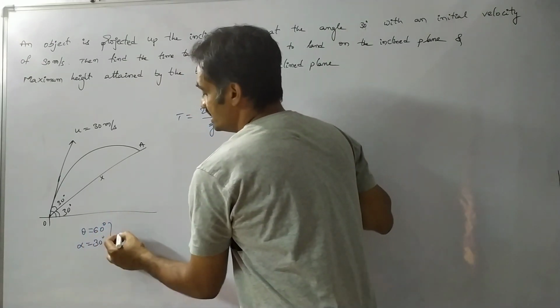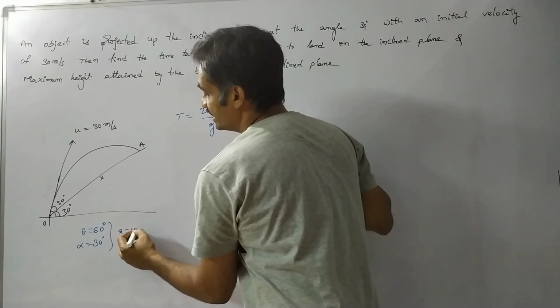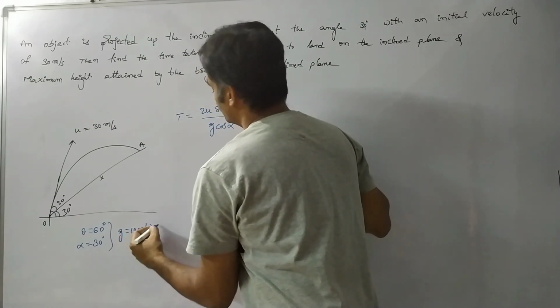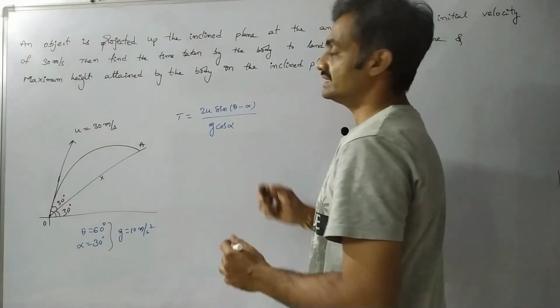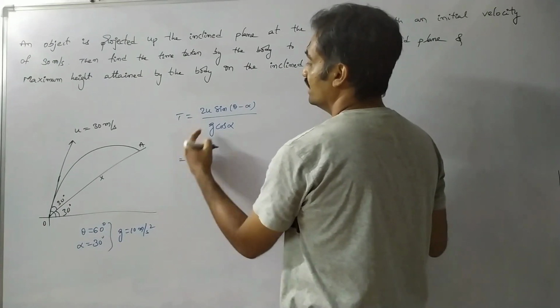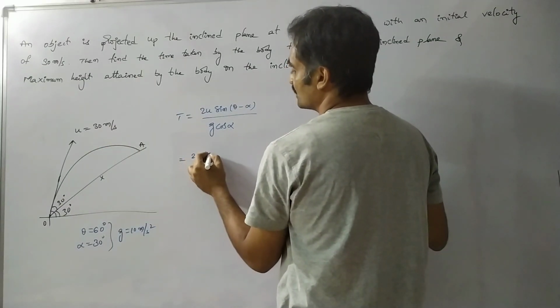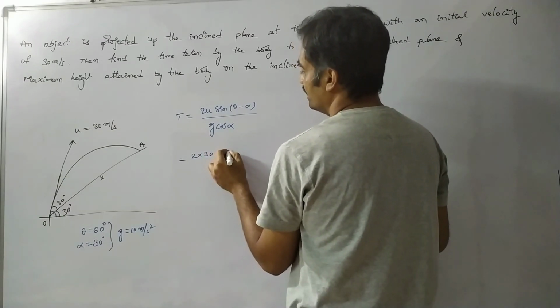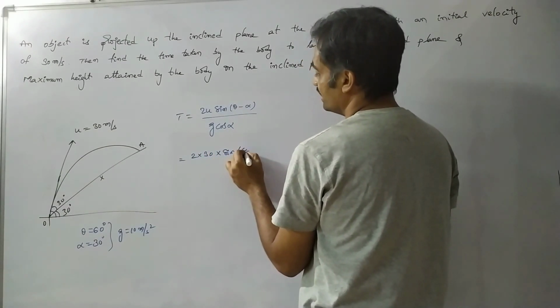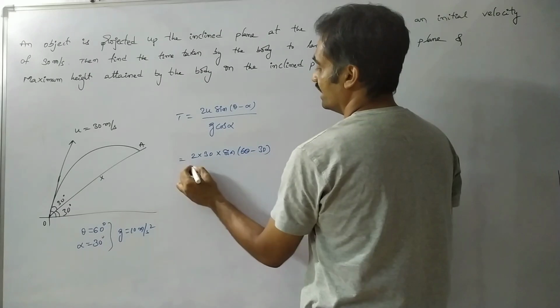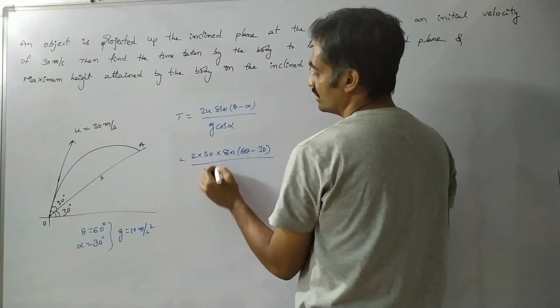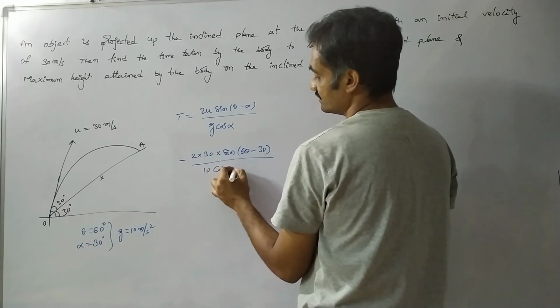We know that g equals 10 meter per second square. So if I substitute all these values in this equation, we can find the time of flight, where we have 2 into u is 30 into sine of 60 minus 30 by 10 into cos 30.